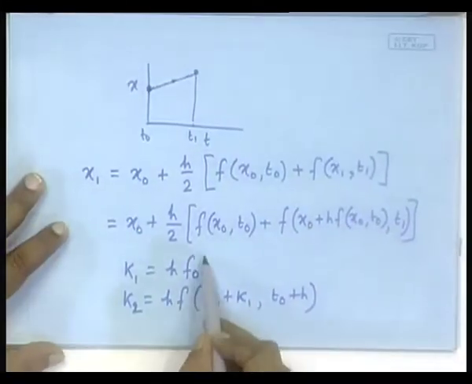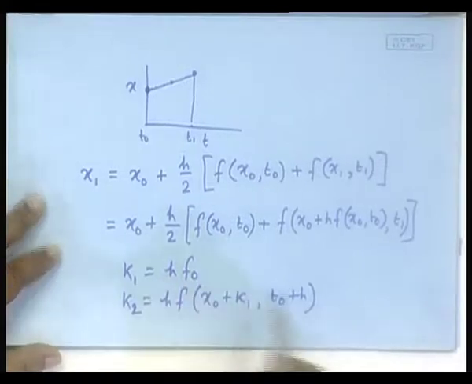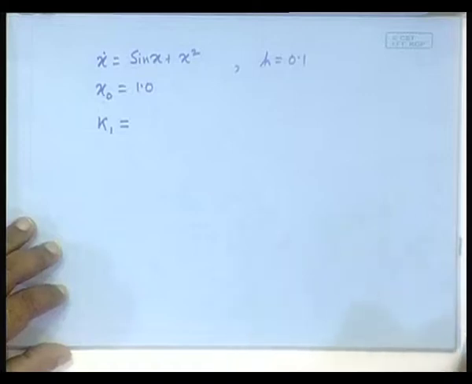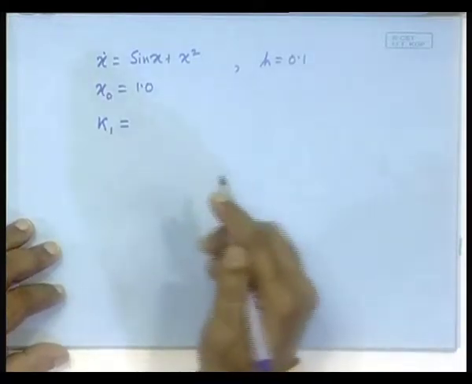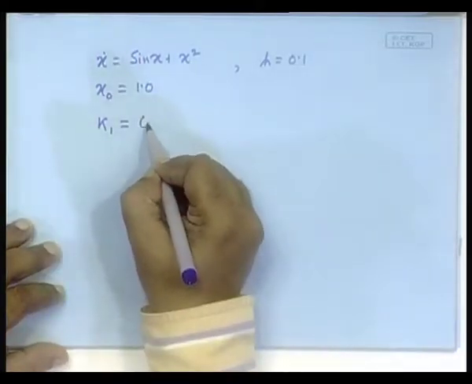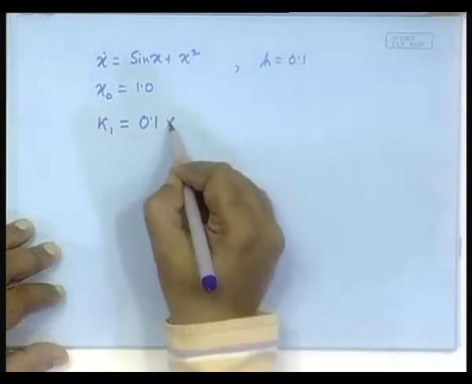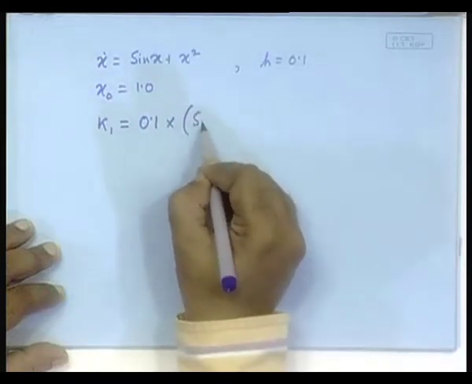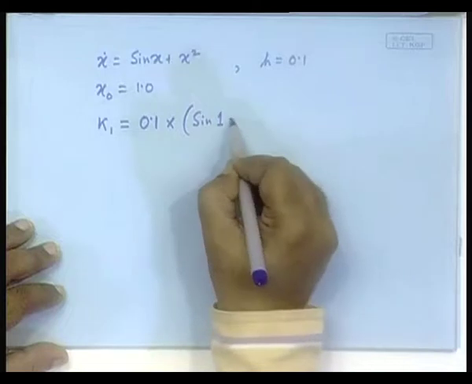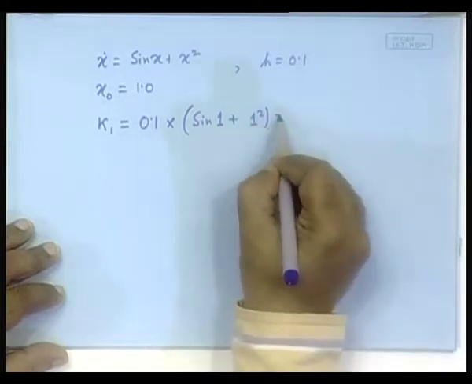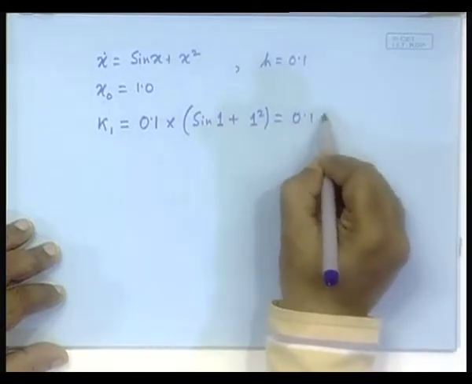Here. h times f naught. f naught is only this part. So, it will be 0.1 times sin 1 plus 1 square is equal to 0.184.